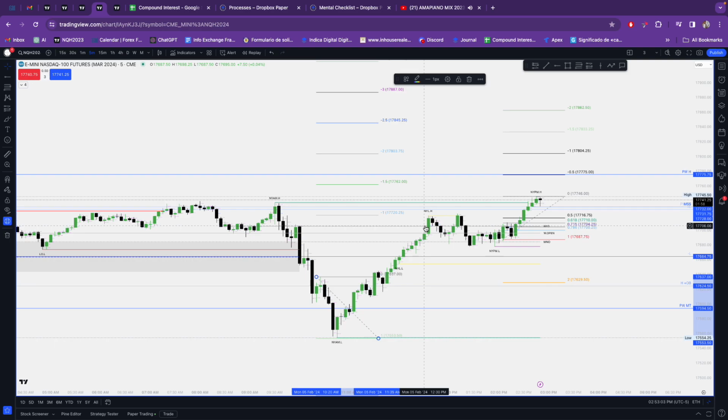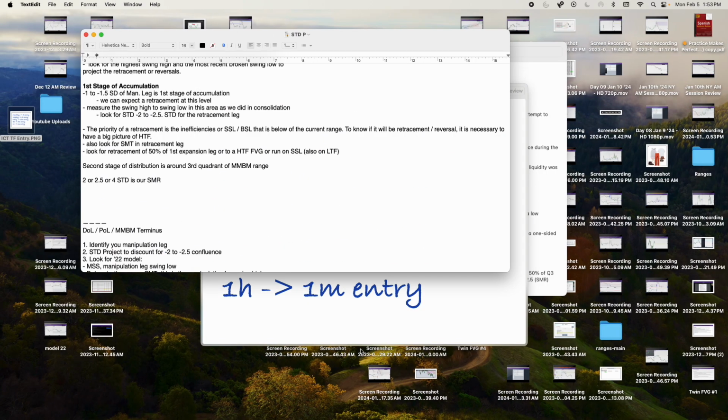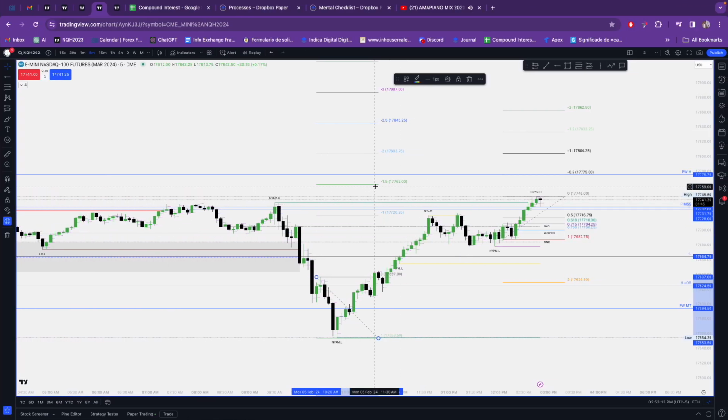First area of retracement would be between, I think, 1 and 1.5. Let me see something real quick. I gotta remember this stuff. Yeah, 1, 1.5. So between this area right here, we can see a retracement.